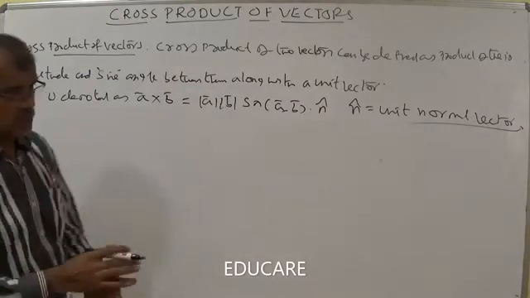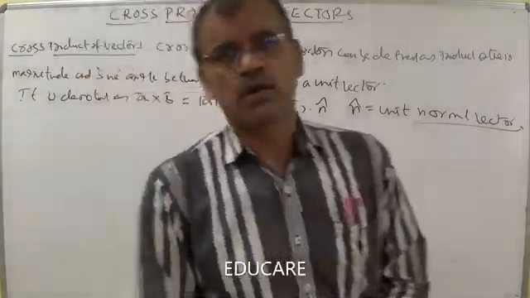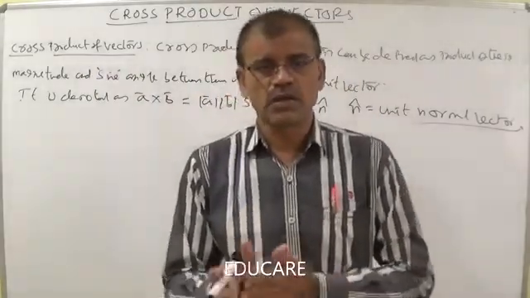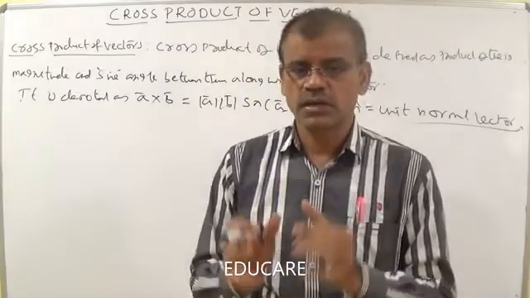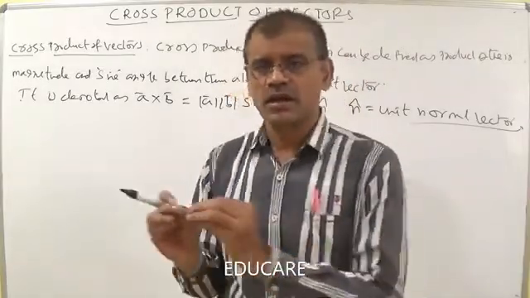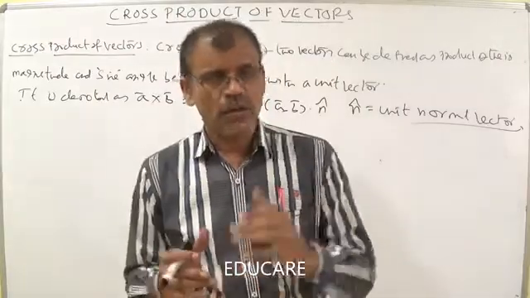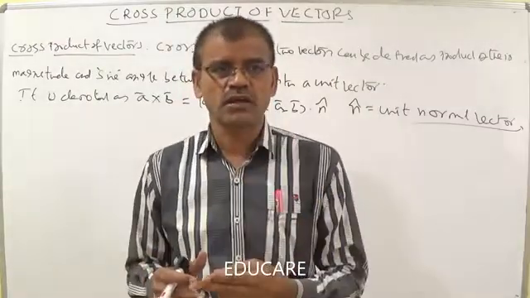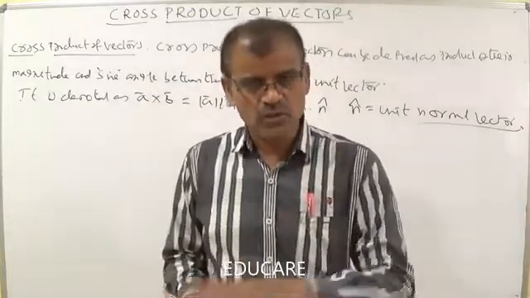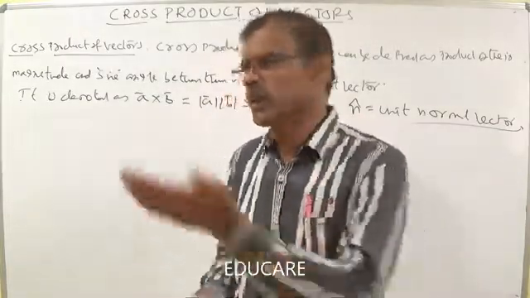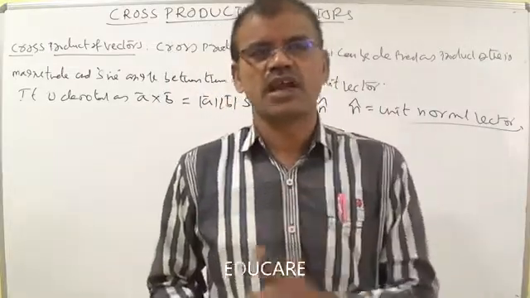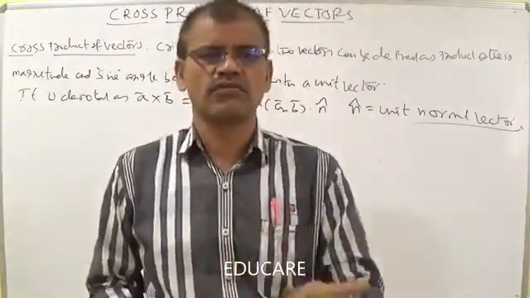Here let us discuss a bar cross b bar. What is the difference between a bar dot b bar and a bar cross b bar? A bar dot b bar is the dot product of vectors. Dot product is a scalar and a cross product is a vector. If you multiply two vectors here, you get a vector as the answer. In the dot product, the solution is a scalar, a number like 3, 4, 5, 6.